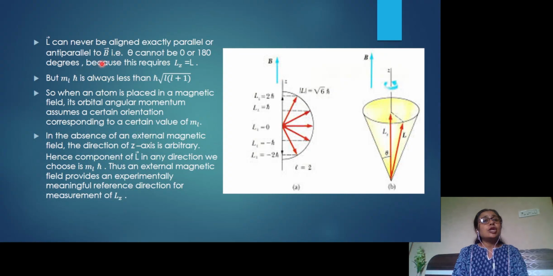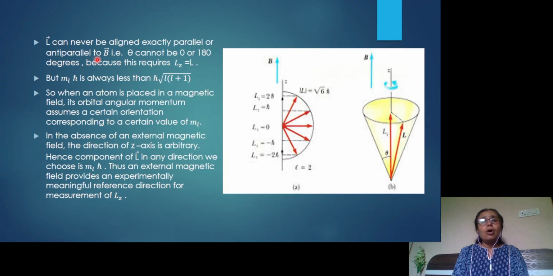The answer is no. This is because then Lz will be equal to L. If B and L are in the same direction, then Lz will be equal to L. But we have seen that Lz is equal to mlħ, and the magnitude of vector L is ħ into root of l into (l plus 1), and mlħ is always less than this. mlħ is always less than the magnitude of vector L. So therefore the L vector can never be aligned parallel or anti-parallel to B.